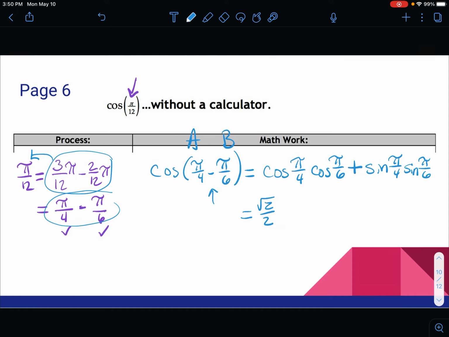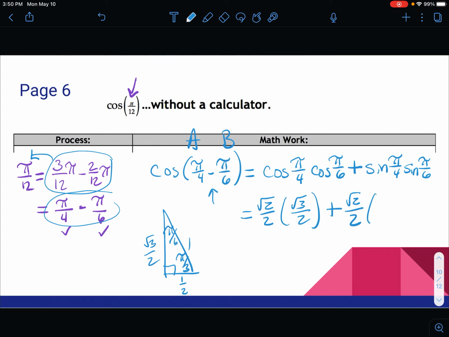All right, now we evaluate. This is radical 2 over 2. Then again, we're looking at that special right triangle: pi over 6, pi over 3, 1/2, radical 3 over 2. Cosine of pi over 6 is radical 3 over 2, plus radical 2 over 2 is the sine of pi over 4, and sine of pi over 6 is 1/2.